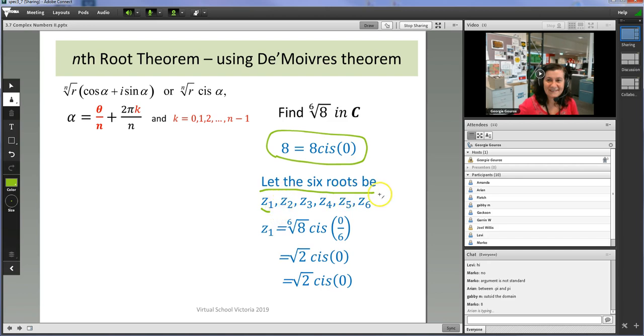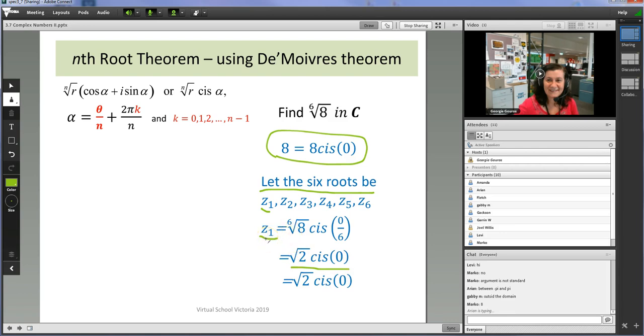We're going to let the 6 roots be Z1 to Z6, and we work out the first one. That's really easy to work out, the 6th root of just plain old 8, which is a real number. It's a real and a complex number. It's pretty easy to work that out, and we can express that in polar form as a complex number.